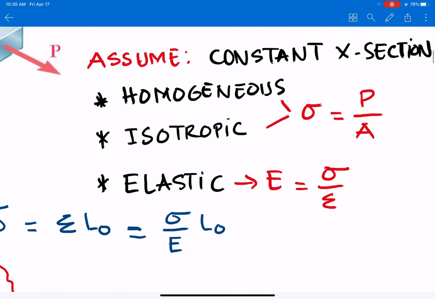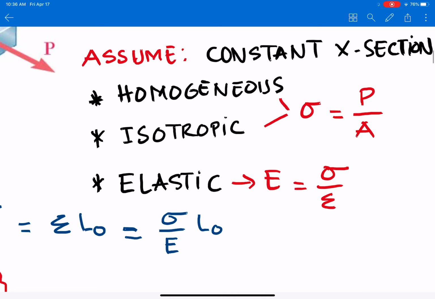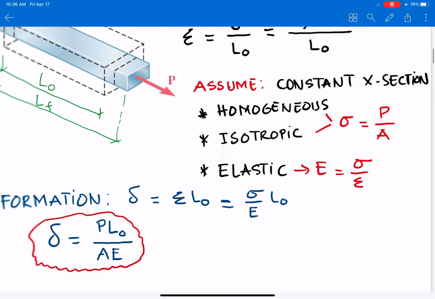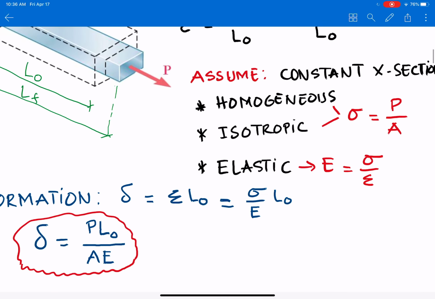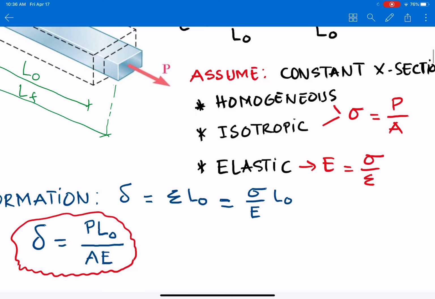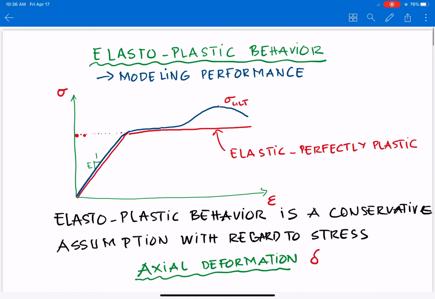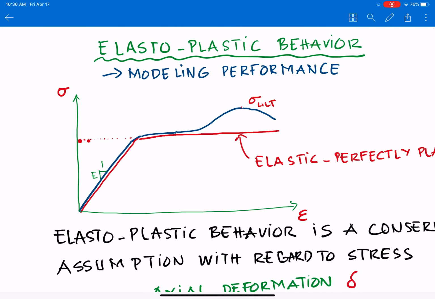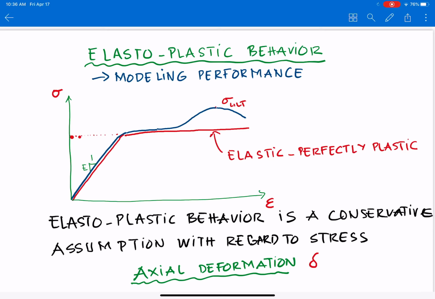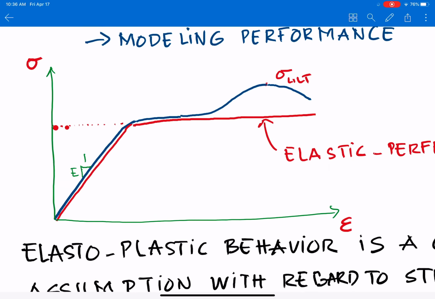Now it's elastic. To have E equals sigma over epsilon, so that we can transfer delta equal to epsilon L naught, and epsilon equal to sigma over E, that has to be elastic. And we assume the behavior is elastoplastic behavior, which is that the maximum stress that they can have is the yielding stress.